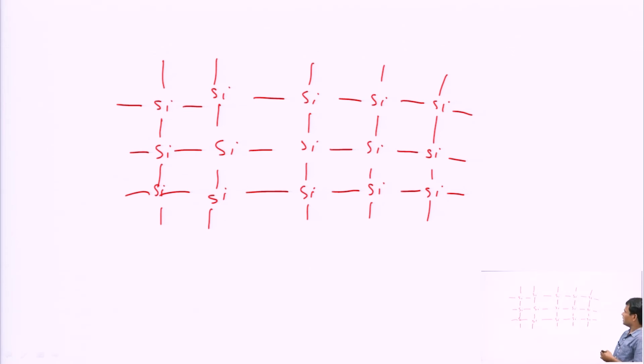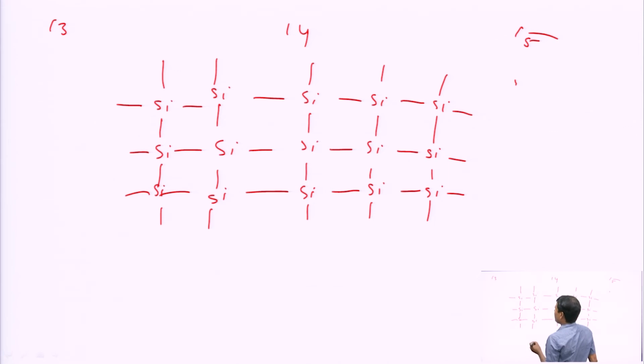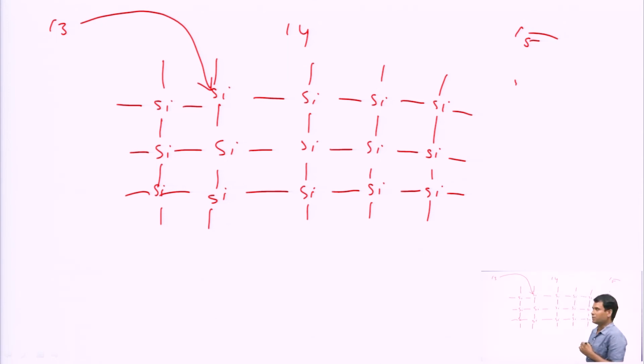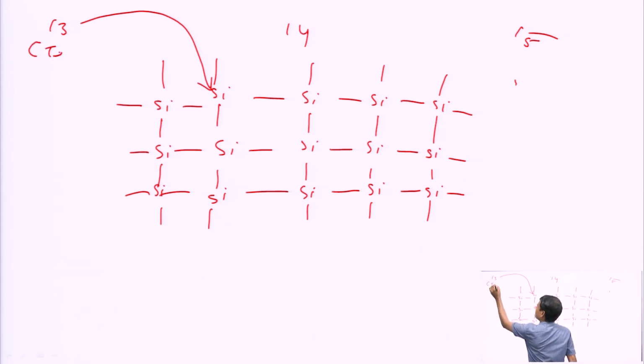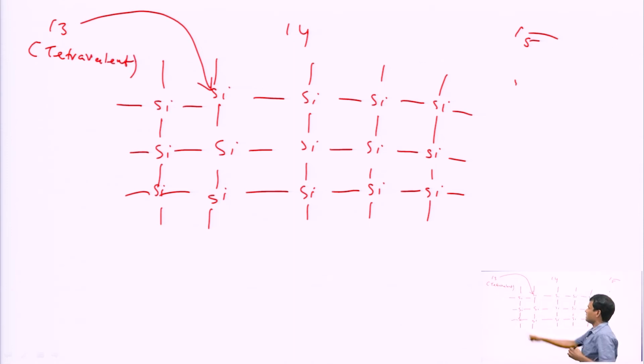There are 2 types of impurities which have to be mixed into the pure semiconductor. Silicon is from group 14, and we have a choice here from group 13 and from group 15. If group 13 is mixed into the pure semiconductor crystal, this means it is trivalent, a 3 valence electron system.